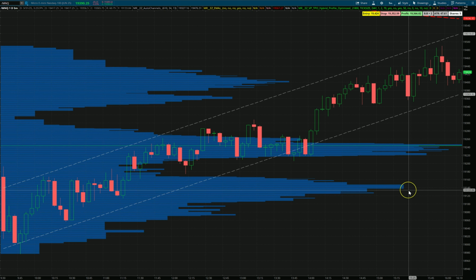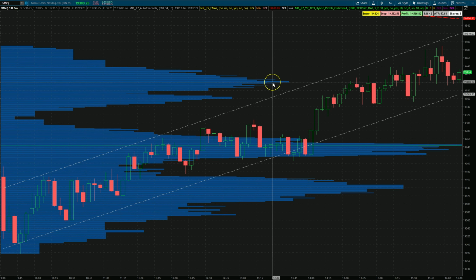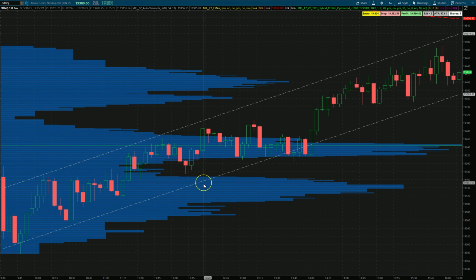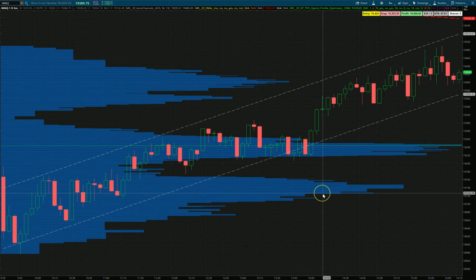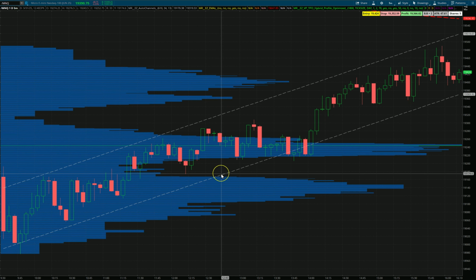Now there should be two other lines on here besides the point of control. There should be the high value node, which is probably somewhere around here, and the low volume node, which is somewhere around here. And in between the low value node and the high value node is the value area, which I think I can actually paint in here.